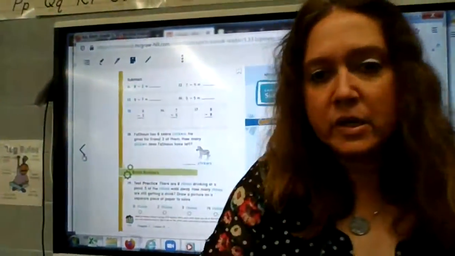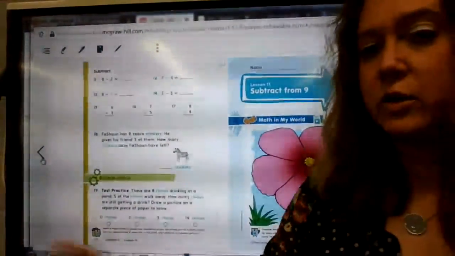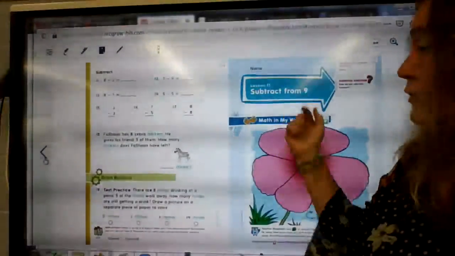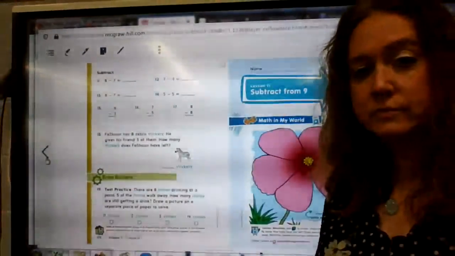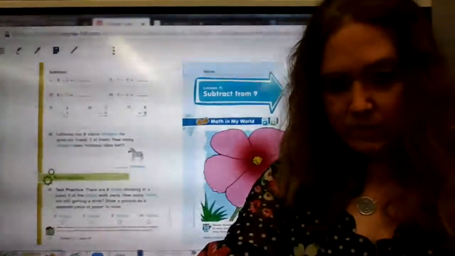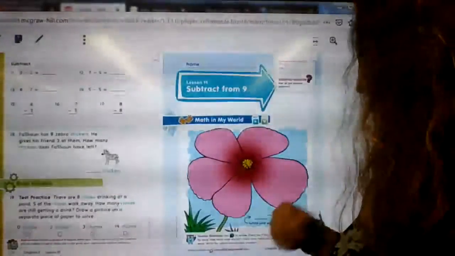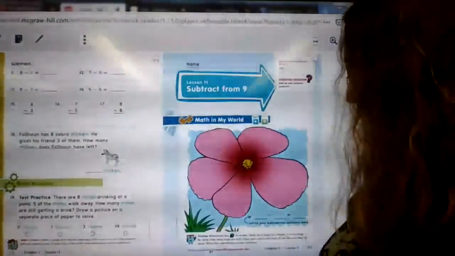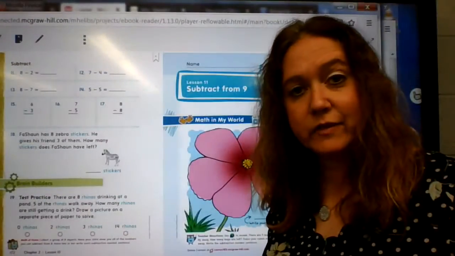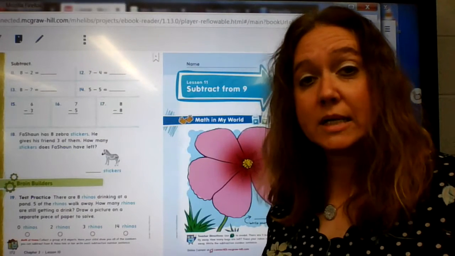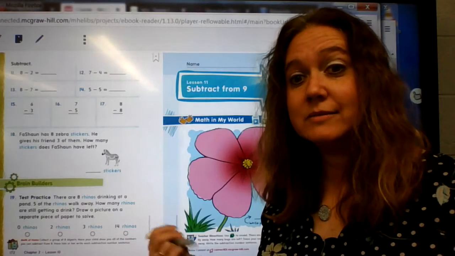Okay, so the first page that we're going to be working on is this page with the flower. It says subtract from 9. Okay, let's scooch this over. All right, this flower, there are 9 bugs on the flower. If you wanted to take some time to draw bugs and pause it, you could.